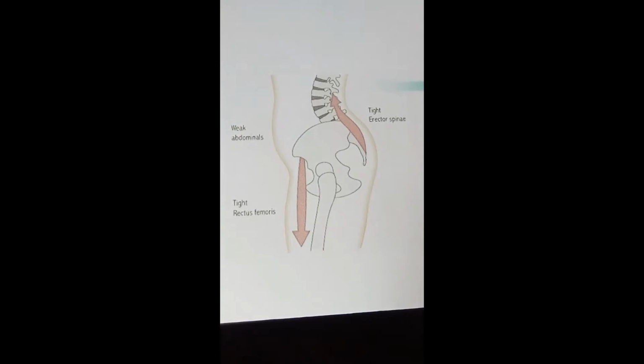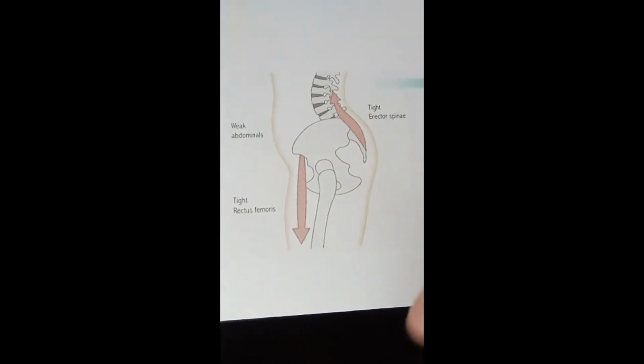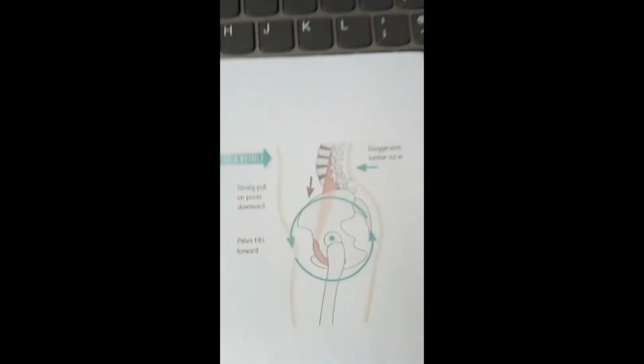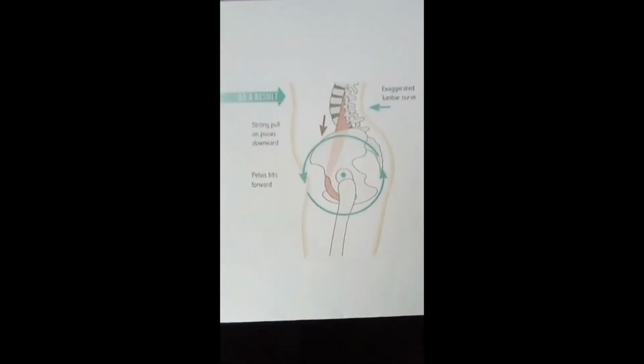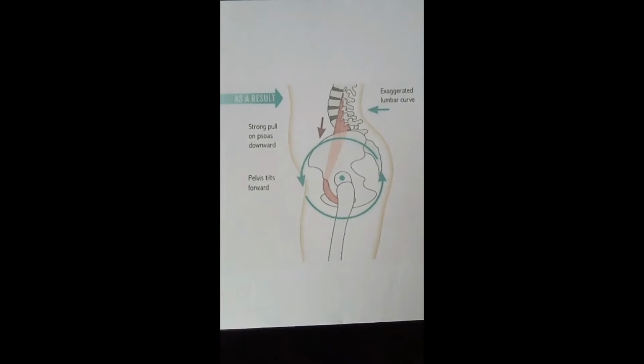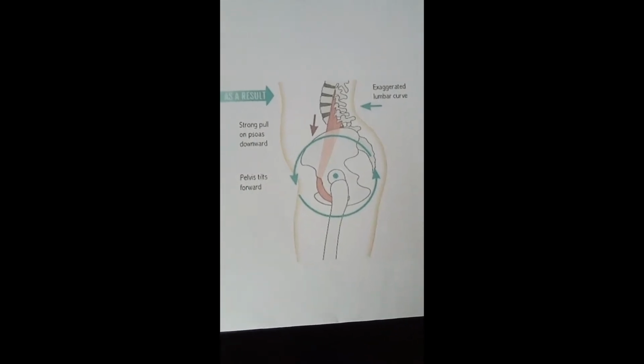And so when you get this muscle imbalance causing an anterior tilt, the result is that you get various anatomical signs.